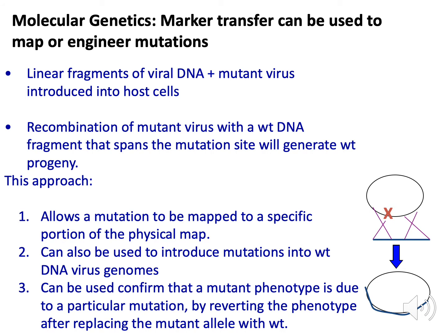And this approach, back in the 70s, allowed mutations to be mapped to specific portions of the physical map of the viral genome. You can also do it sort of backwards to introduce mutations into wild-type DNA virus genomes, and you can imagine that using modern technology, you could synthesize a fragment that had homology to the genome and that incorporated a particular mutation you wanted, and you could basically force that recombination.